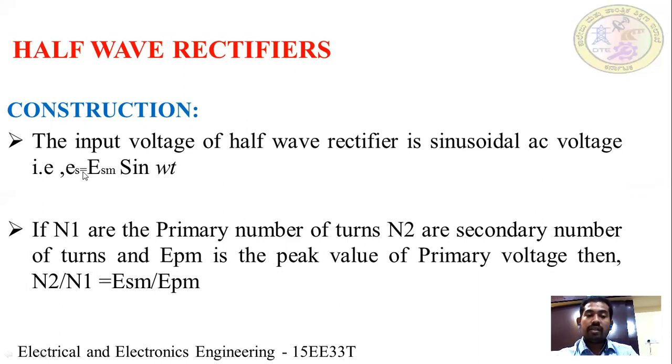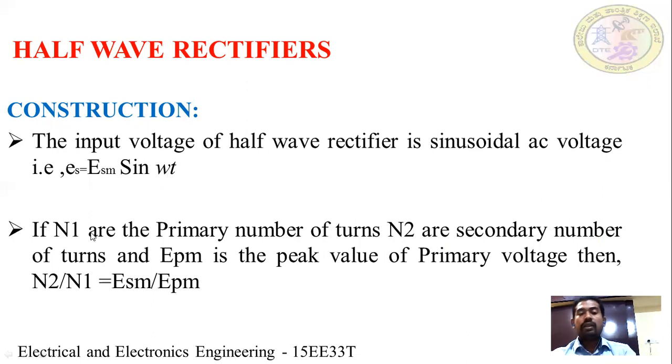ES is the output of the transformer, which is the input of the rectifier, that is the secondary voltage. ESM means the maximum output voltage of the transformer. Omega means 2 pi f.